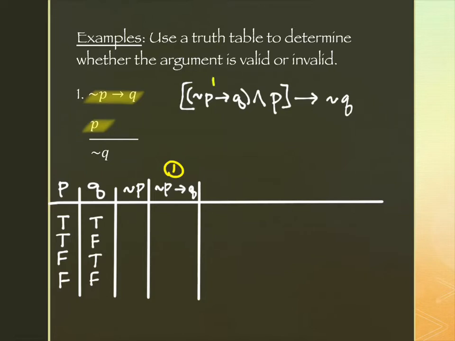So everything right here is 1. Then I'm going to join that, sort of moving outside of the parenthesis now, with the P statement. So this will be 1 and P, because I have an and symbol between them. As my next column.